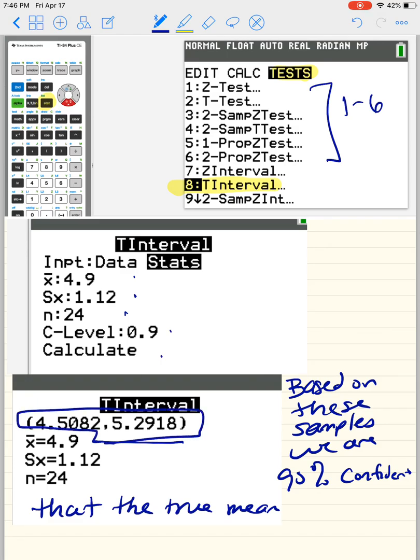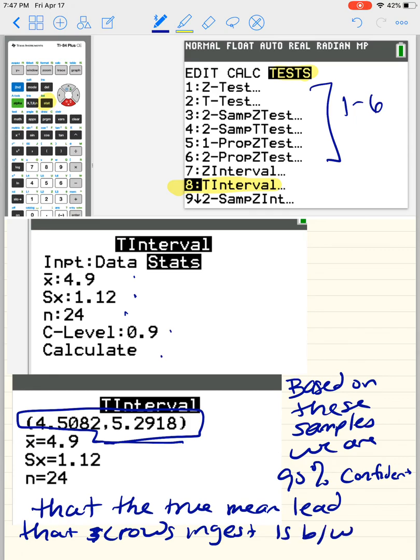You could say that the true mean lead that the crows ingest, you have to be very specific, is between this number and this number. I don't know why I said scarecrow, but we're off to see the wizard. So we think that it's between 4.5 and 5.2 parts per million, and that's all.